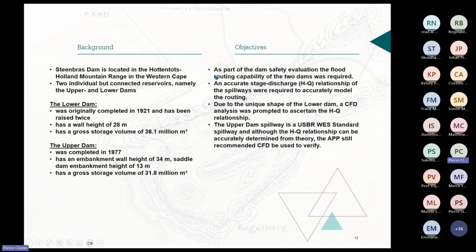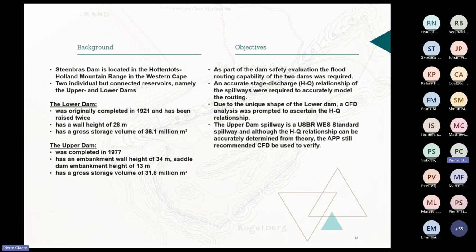So the main objective of the study was to do a dam safety evaluation of the dam, both the upper and the lower, and also to evaluate the flood routing capabilities of the two dams.